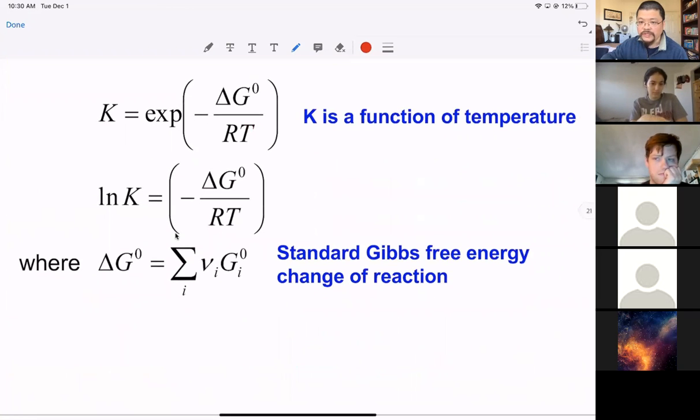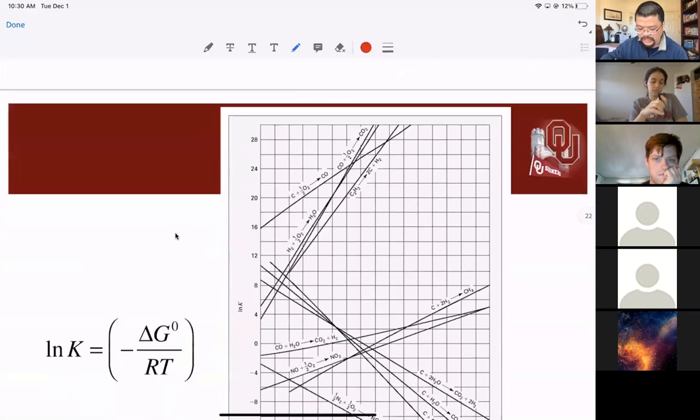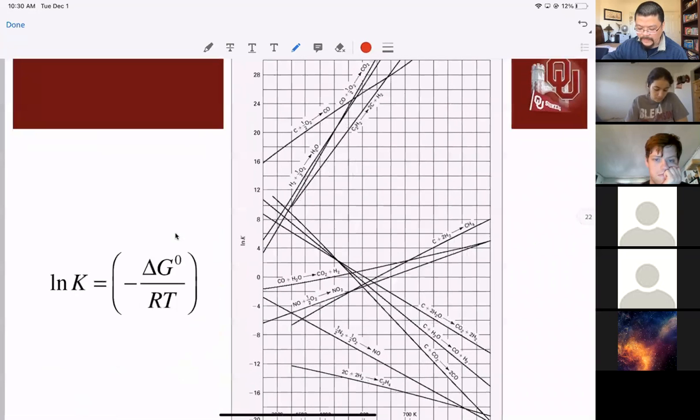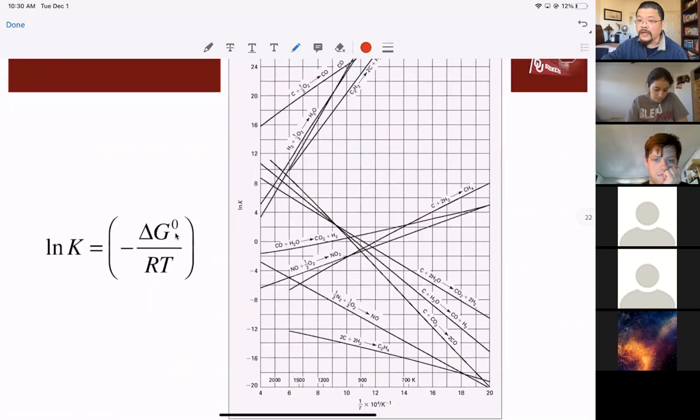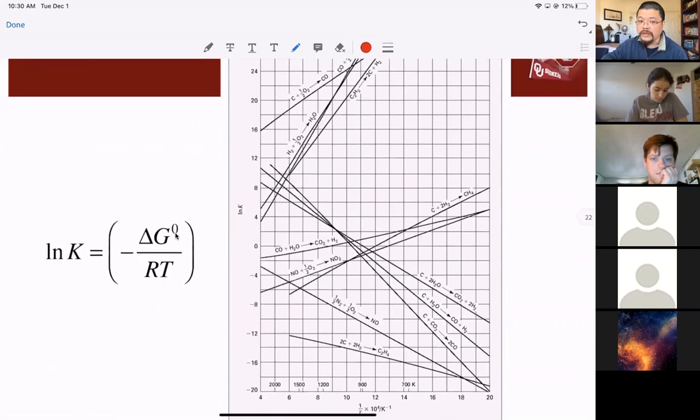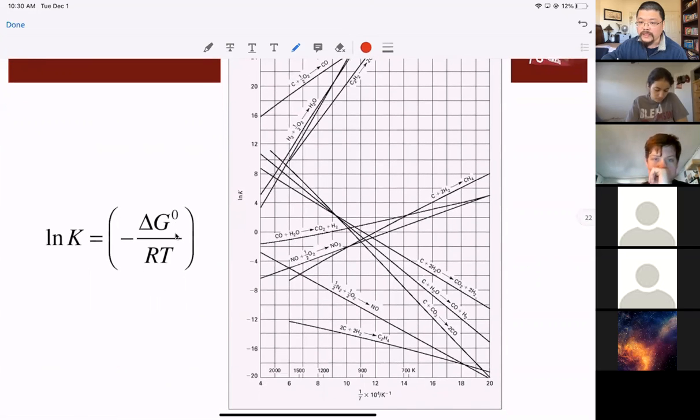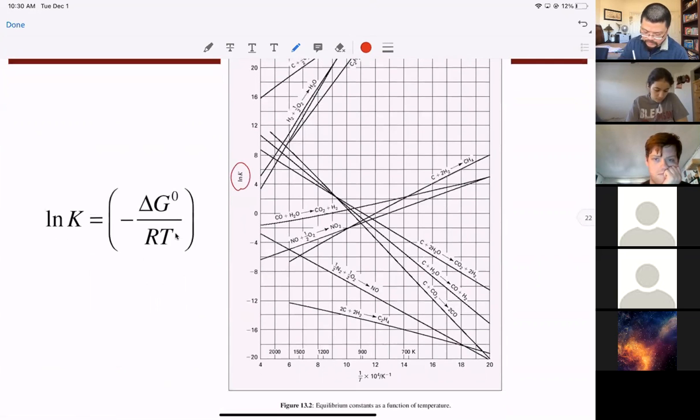K is a function of temperature, and we need to have the standard Gibbs free energy change out of the reaction. Okay, we will repeat it from the previous slide, and you may recall this is the type of plot we are reading, looking at the slope, what we are going to have, and look at the specific temperature, what would be the reaction constant we are going to have. So this is typically plotted by log K over 1 over T. So that shall be a straight line.